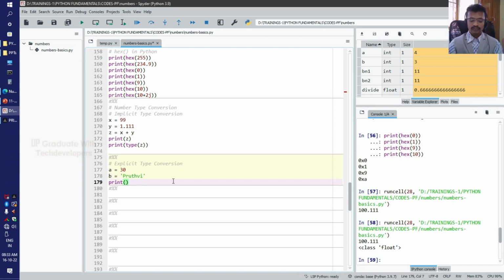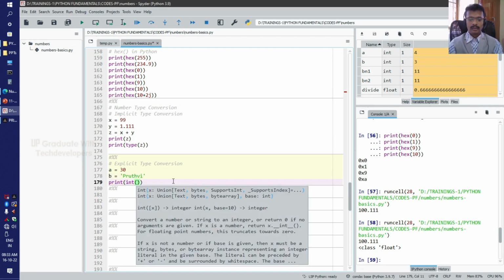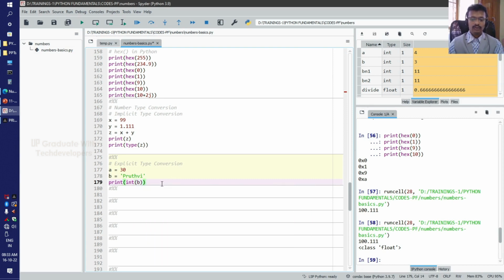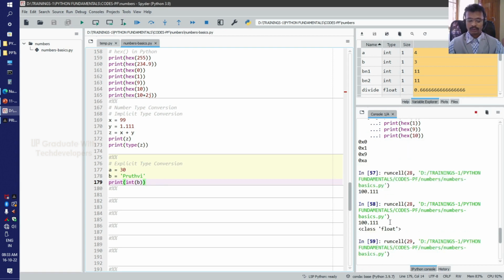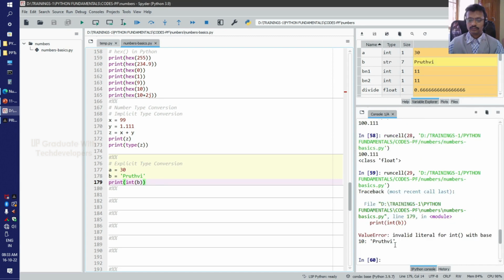Let us check whether we are able to convert the string value to an integer value. So we got an error, value error, invalid literal for int with base 10. So we cannot convert a string value into an integer value.